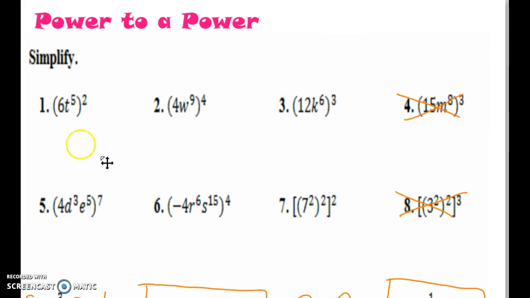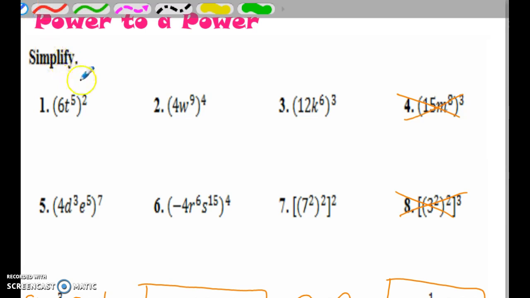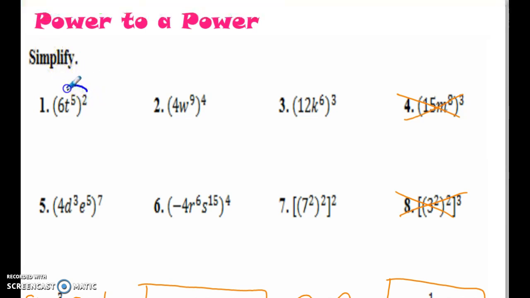Alright, so if you take a look at this number 1 here, I've got 6t to the fifth all in parentheses and then to the second power. What that actually means is that I'm going to take that second power and apply it to everything in the parentheses. So just like when we distributed clear back when, you're basically going to distribute that second power to everything.